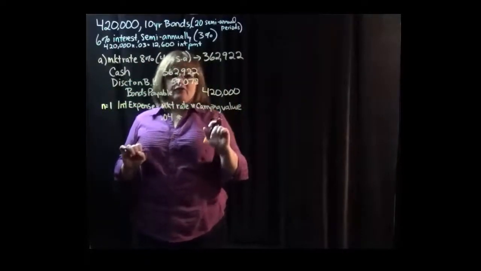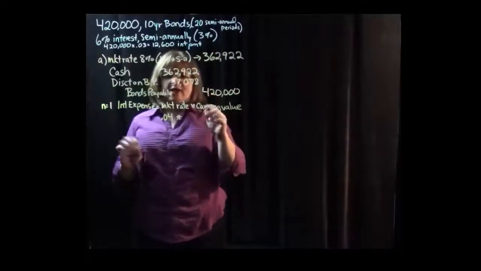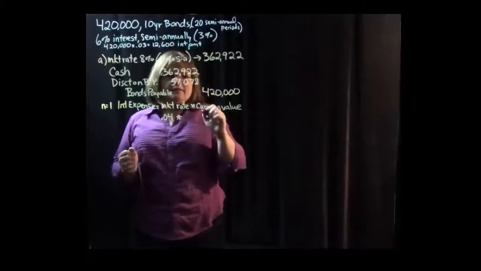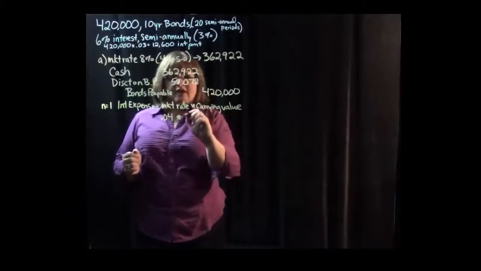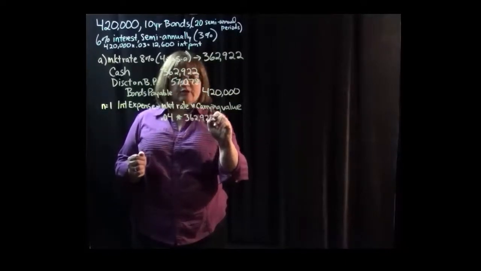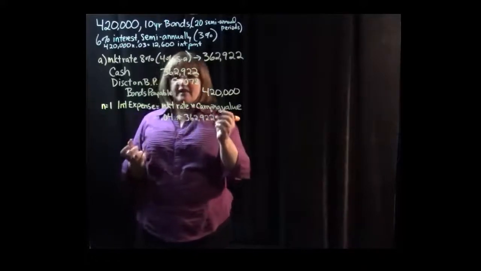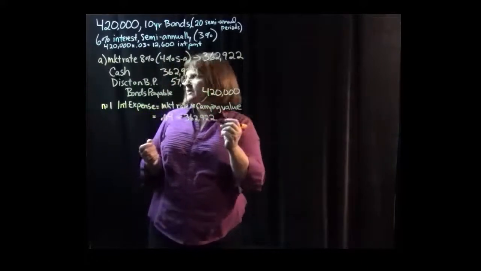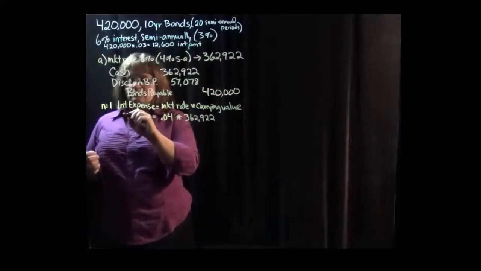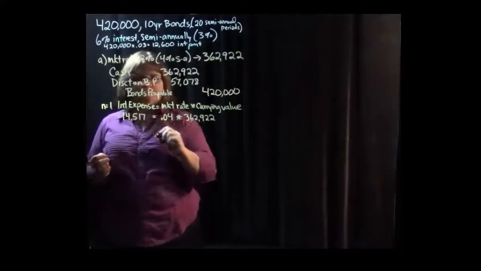The carrying value of a bond equals the face value of the bond minus any discount or plus any premium. In this case, the carrying value starts out at the $362,922. If we multiply those across, then we get that first period's interest expense amount as $14,517.